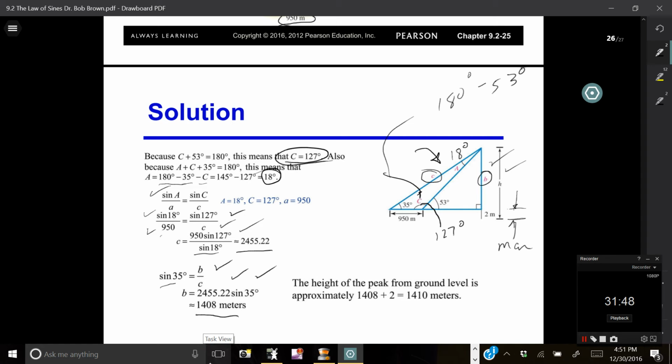So the height of the mountain then would be 1,408 plus 2 meters, which is the height of the surveyor, would be 1,410 meters.